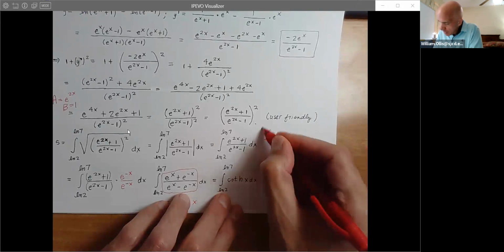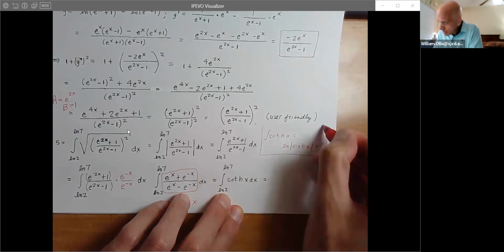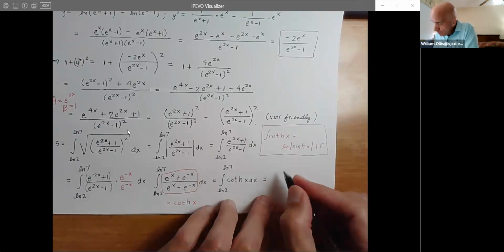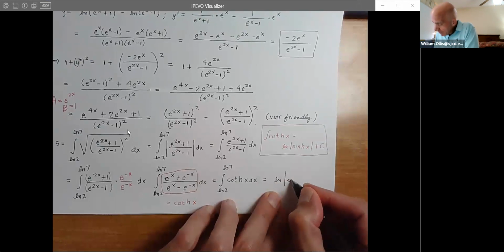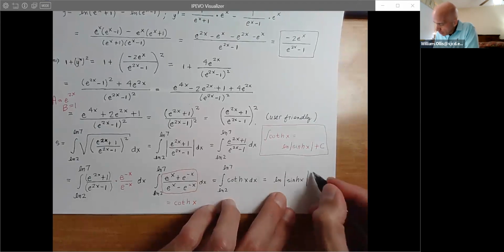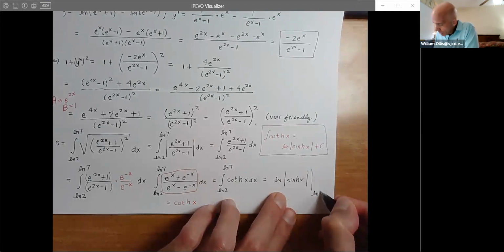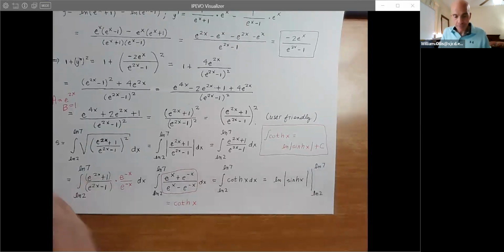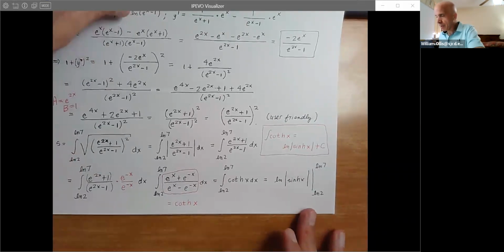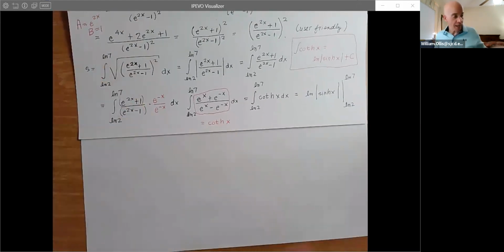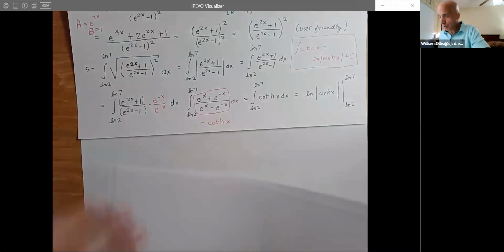I'll fill all of this in. I'll give you the definitions of the hyperbolic sine too, and cosine. So this will be natural log of hyperbolic sine, evaluated from ln 2 to ln 7. So let's go to the next page. I'll just move this up here and add another page so you can see what we're doing.